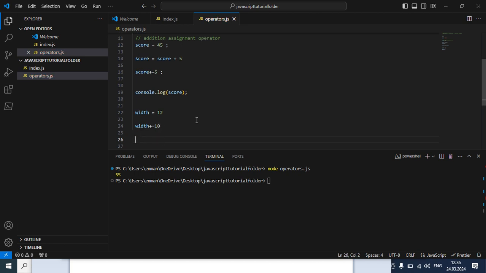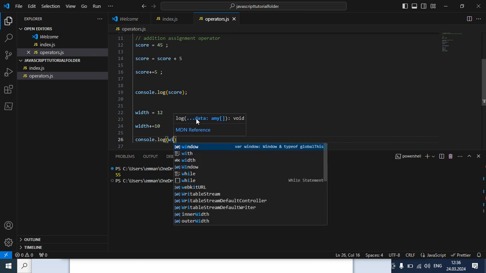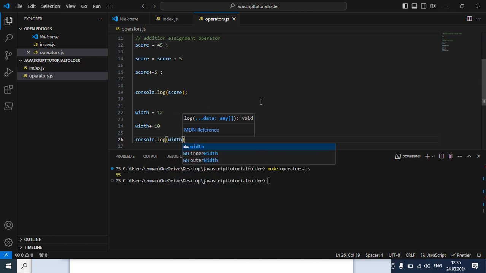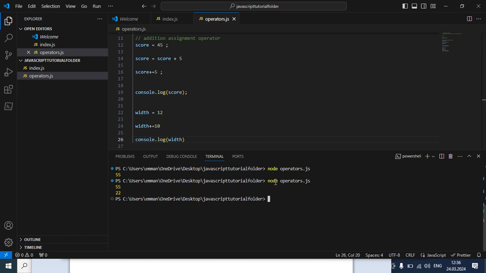So if we print out width using the console.log width, let's go to the console and see. So we have 22, that is 12 plus 10.